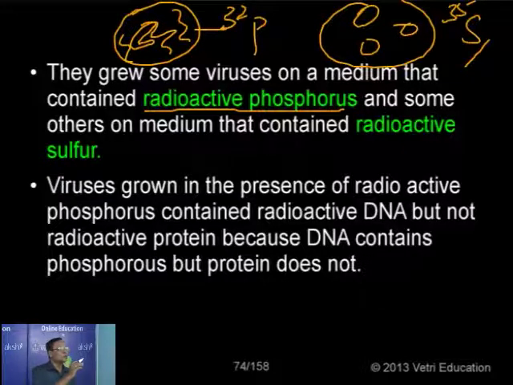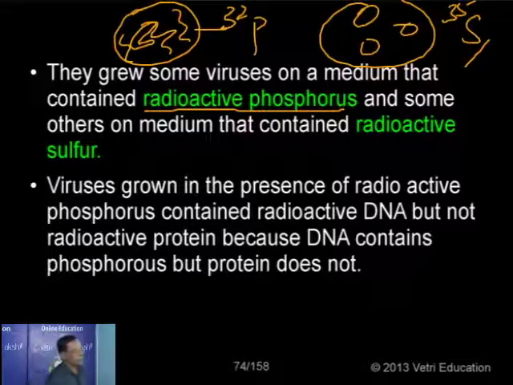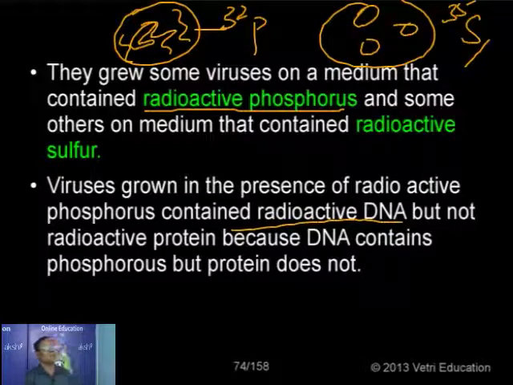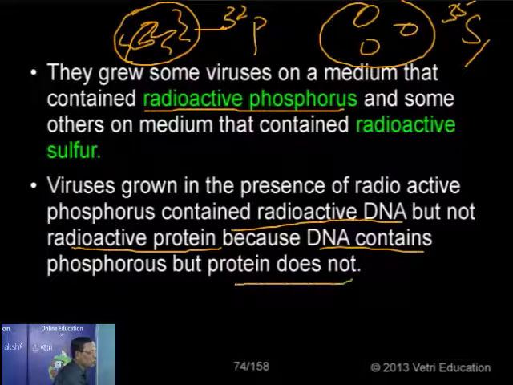But the radioactive phosphorus was not present in protein, because there is no phosphorus in protein. So we have radioactive DNA but not radioactive protein. DNA contains phosphorus, as I mentioned already; proteins don't.